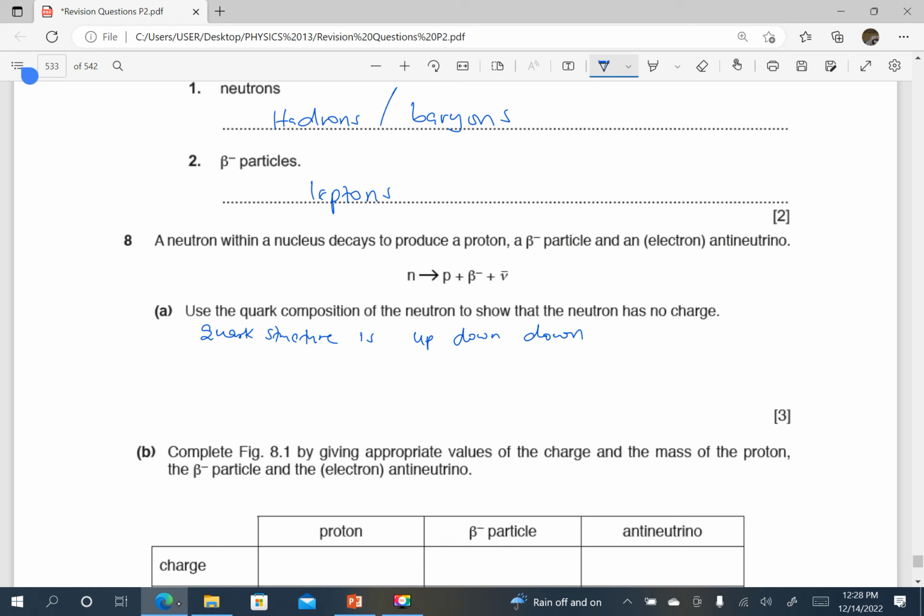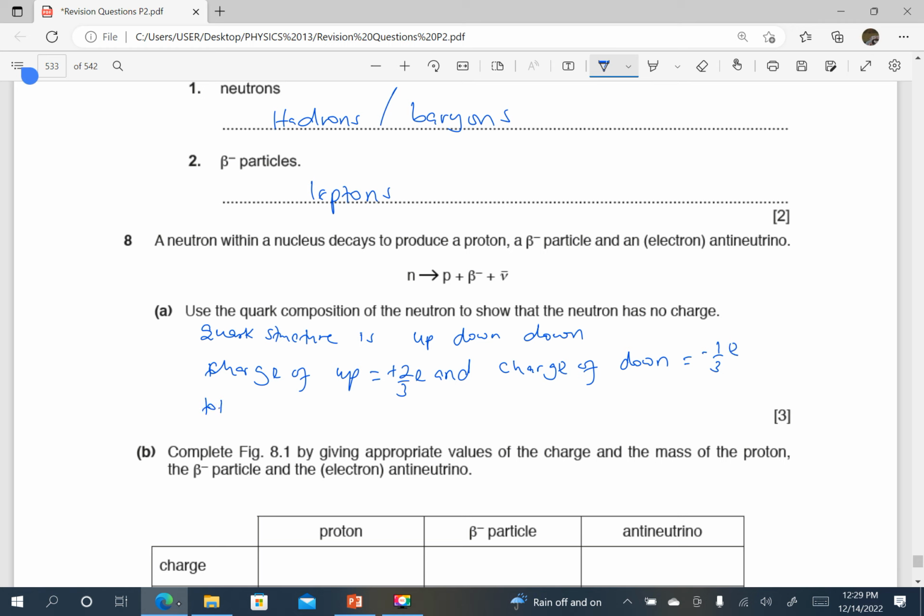And total charge. We know that the charge of an up quark is positive 2 over 3e, and the charge of a down quark is negative 1 over 3e.